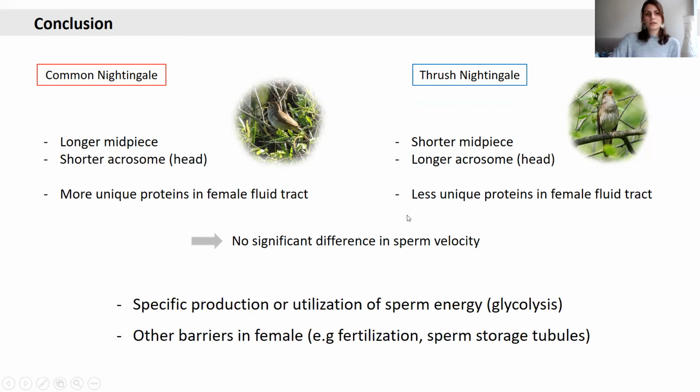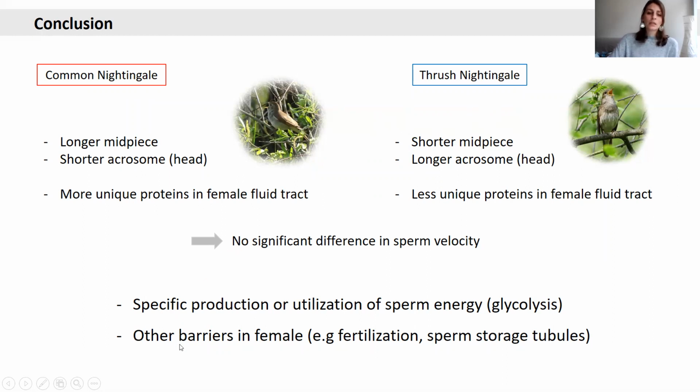So we can think now that maybe the production of energy is not how we are thinking, and maybe there is a different way of utilization or maybe a way of production. Maybe, for example, the head can produce some energy via glycolysis, and that can help the thrush nightingale who has a shorter midpiece to have the same production of energy as the common nightingale.